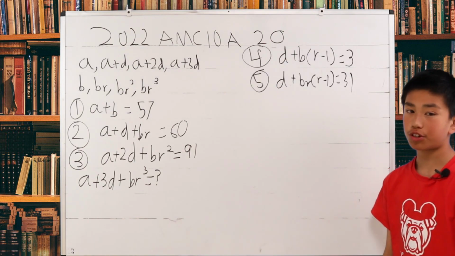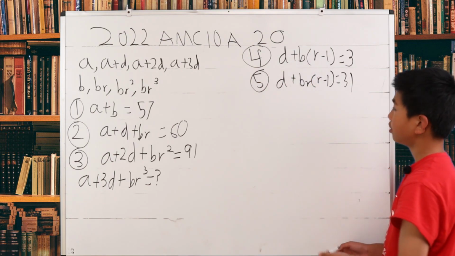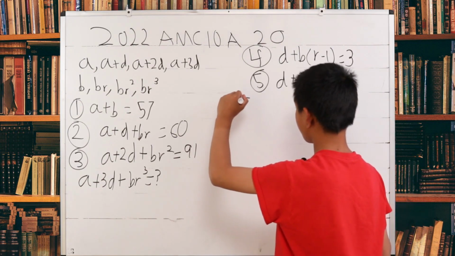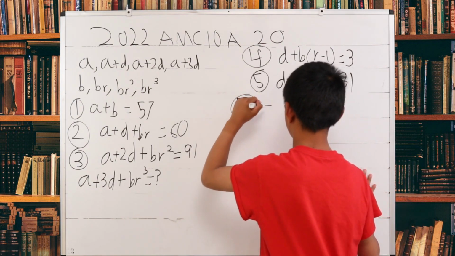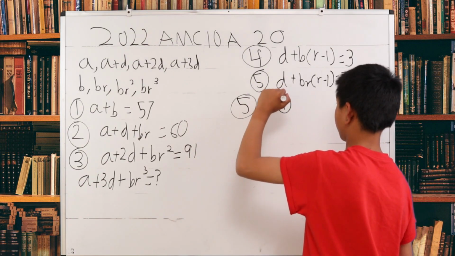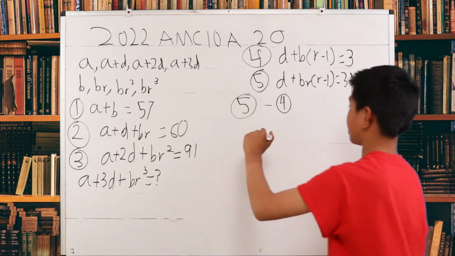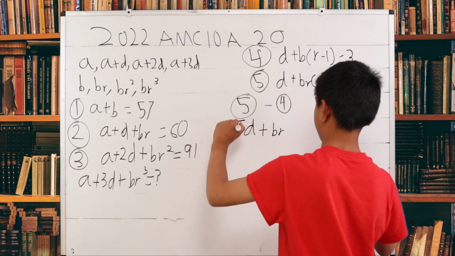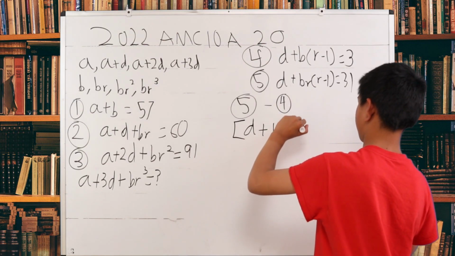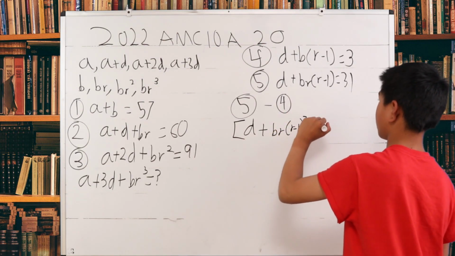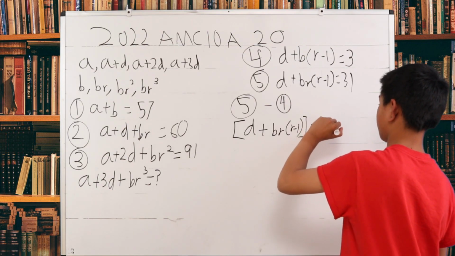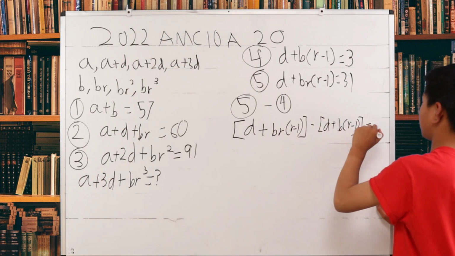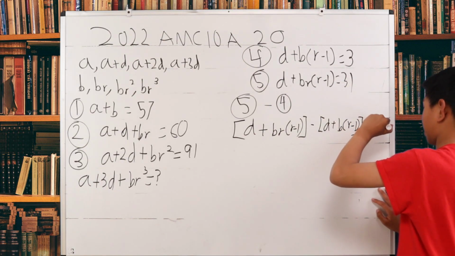Now, we use the same strategy we used to find these on these 2 equations. So what I'm talking about is equation 5. Subtract equation 4 from equation 5. So this is just really D plus BR times R minus 1, minus D plus B times R minus 1, is equal to 31 minus 3, or 28.